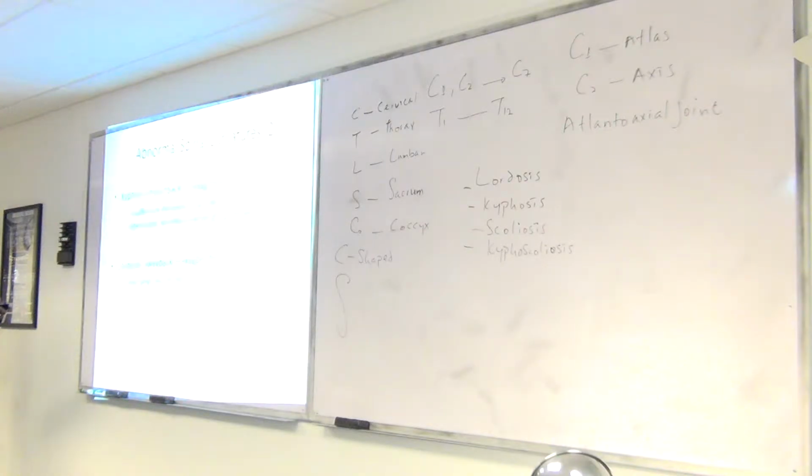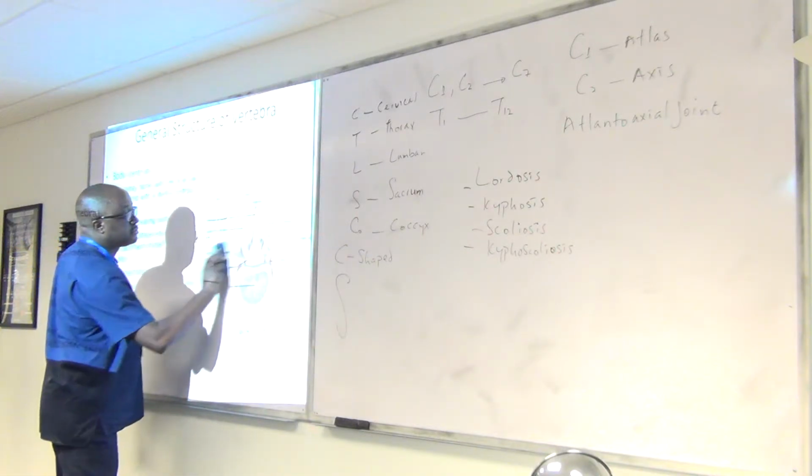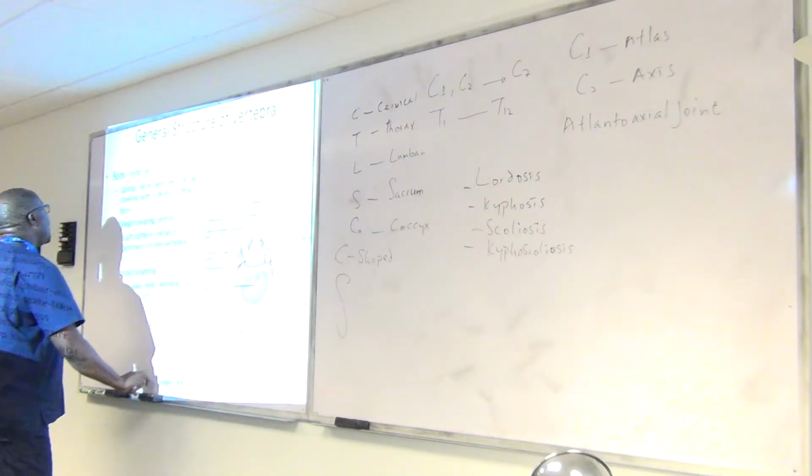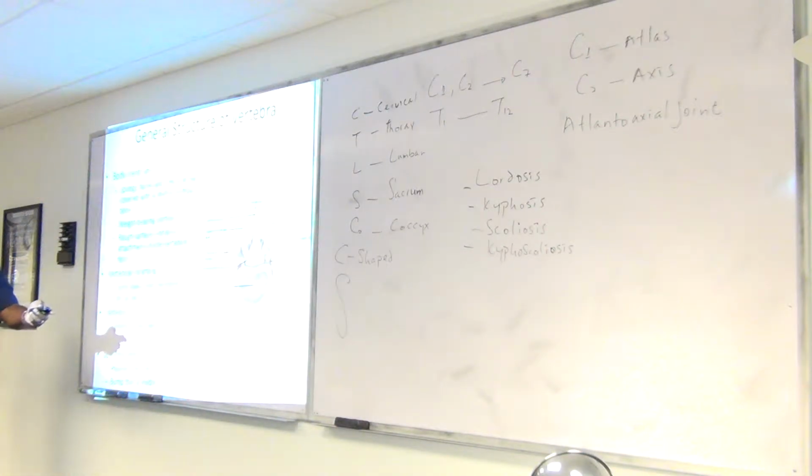So those are the curvatures and all that. Kyphosis, lordosis. All right. The general structure of the vertebrae. This is the vertebral bone. Remember we have 33 of these, right?